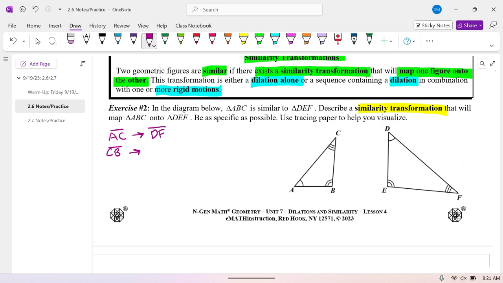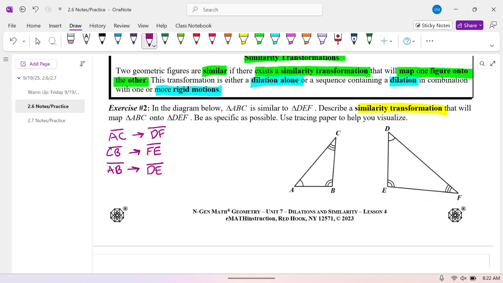What's its corresponding side? Say it again. It would be DE. You go from the three tick angle to the two tick angle. So that means that AB would go to DE.